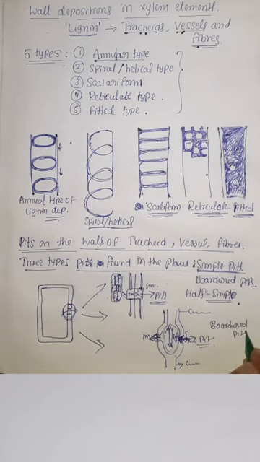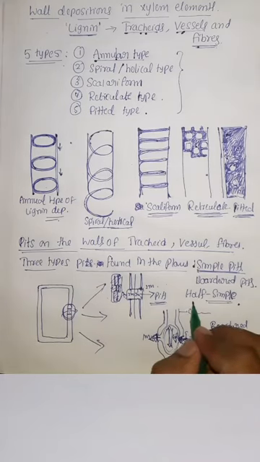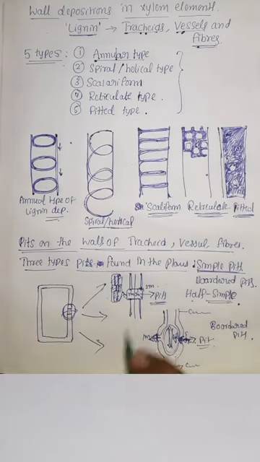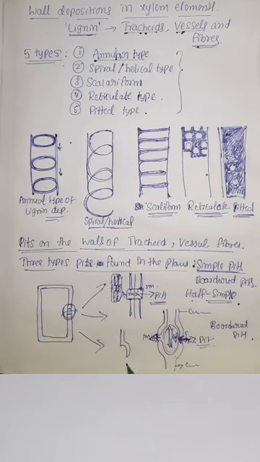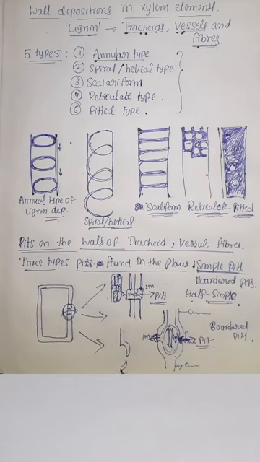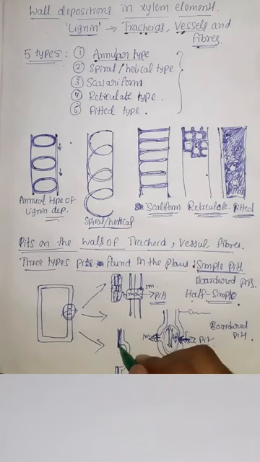Coming to half simple or half bordered pits, here one wall consists of border type pits like this, and the other wall consists of a simple pit. There is no extra wall growth like this; we only have a simple type in one cell wall, and there will be border type on the other wall.